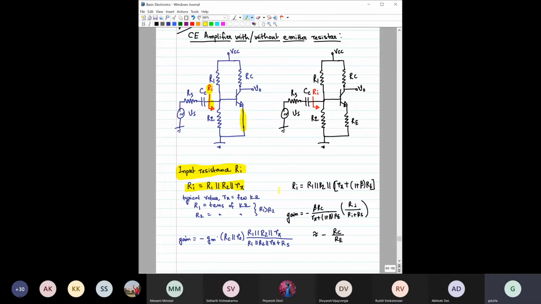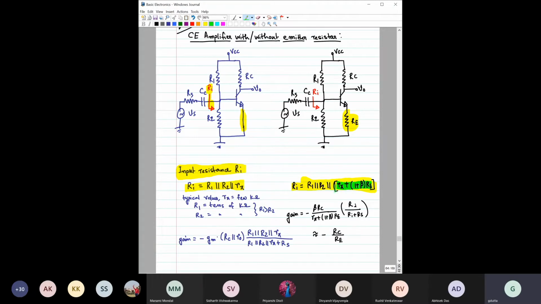However, when you have introduced this emitter resistor Re here, then we have also seen this input resistance has changed to this value, right? So what is this? This is again R1, R2, and they will be in parallel. And along with that, instead of this R pi, this term would now change. Maybe I can use this color here.